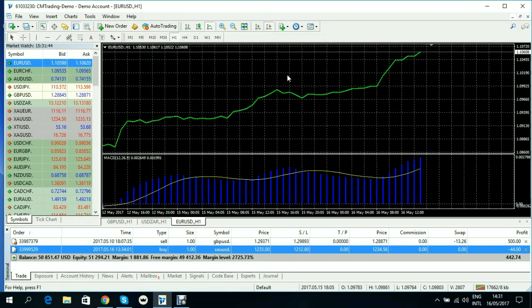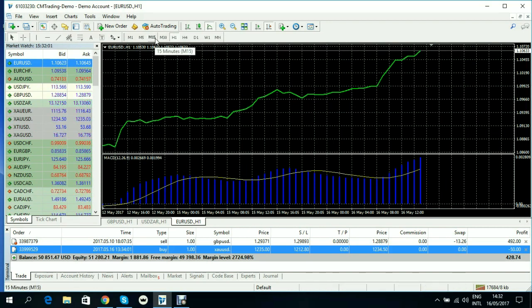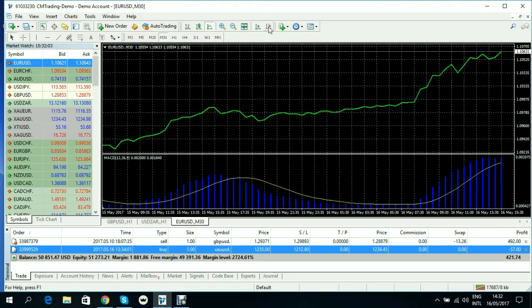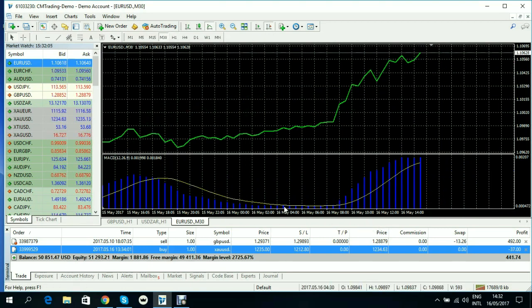Now, how do you actually confirm MACD to be a matured trend? This is how it works. Confirm with at least a check from 30 minutes. For example, for a buy trend, check the 30 minutes and make sure that it is above the zero.